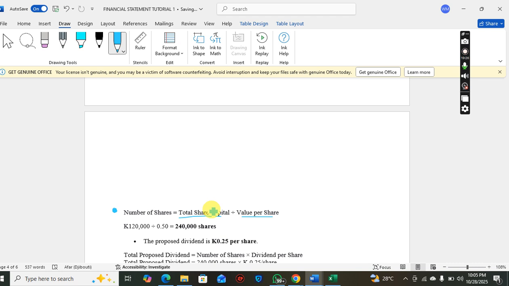So they told us our ordinary share capital is 120,000 kwacha. The value per share is 50 ngwe. So 120,000 divided by 50 ngwe, you get 240,000 shares. This company has 240,000 ordinary shares.